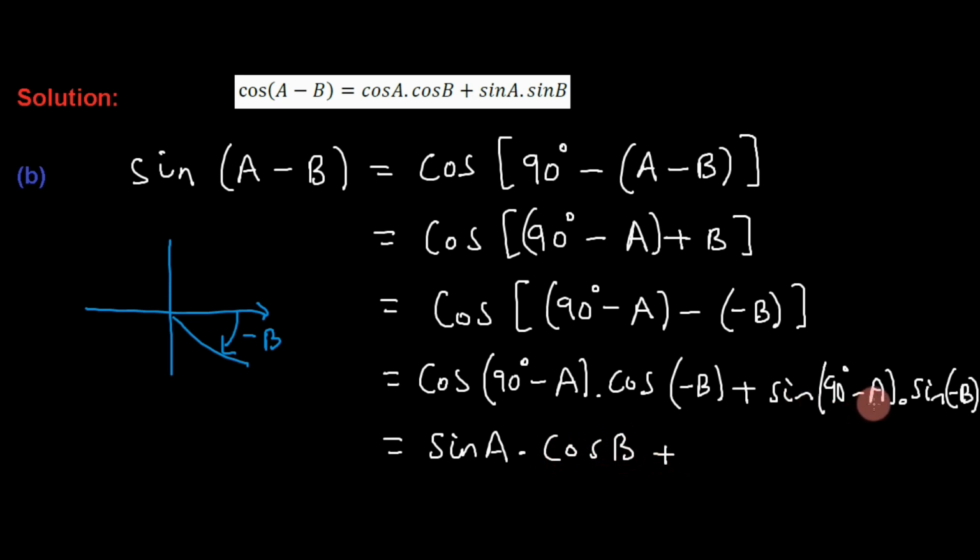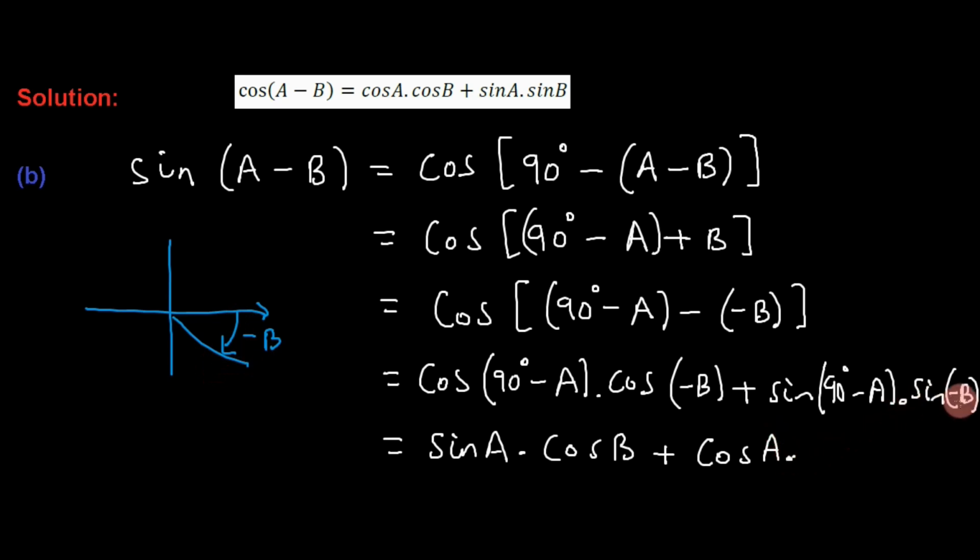Then the sine of 90 degrees minus A is, of course, the cos of A using co-ratios. The sine of negative B is the sine of an angle in the fourth quadrant. We know that sine is negative in the fourth quadrant.